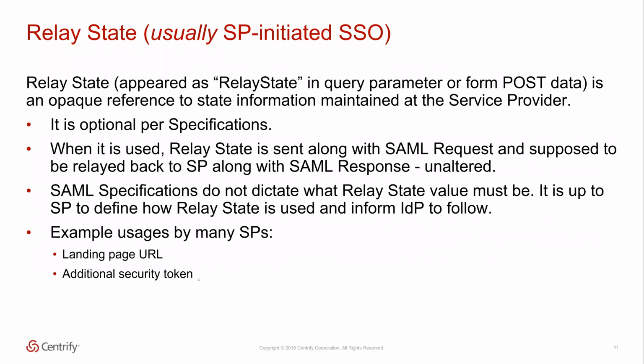And then the other one is for additional security. Box does that, for one. In the case of SP-initiated single sign-on, they will generate some random number on their end and put it in the relay state.